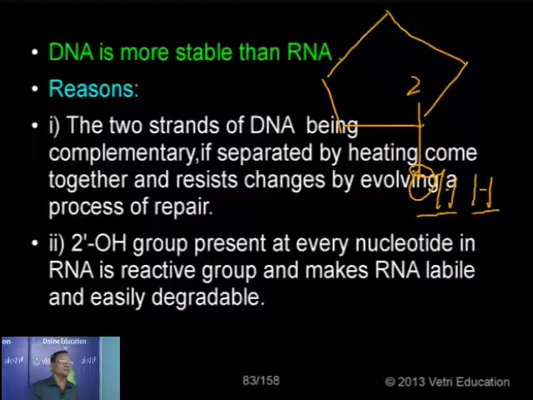As a result, this highly reactive group makes the RNA more labile and easily degradable. This is because of the OH group attached to the second carbon atom of the ribose. But in the case of DNA, we have the hydrogen group. That is why DNA is not reactive, hence it is more stable.